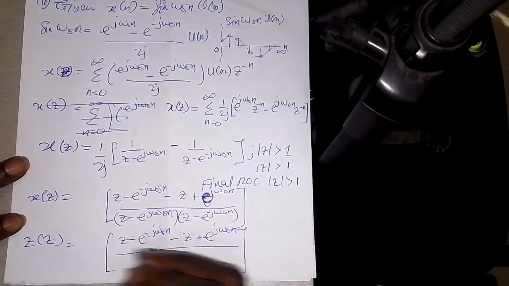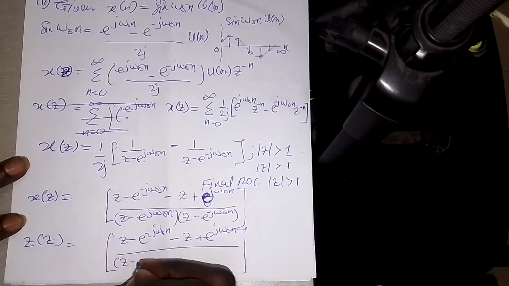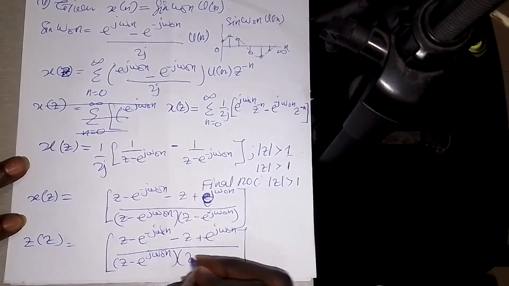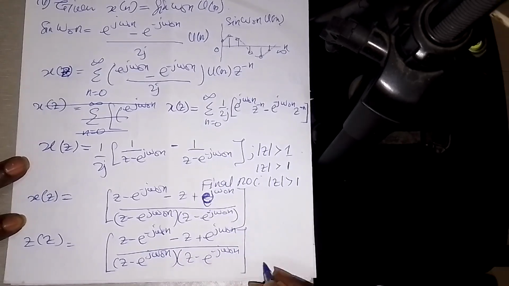Then here I'll have Z minus e^(j omega naught n) into Z minus e^(-j omega naught n), all right.